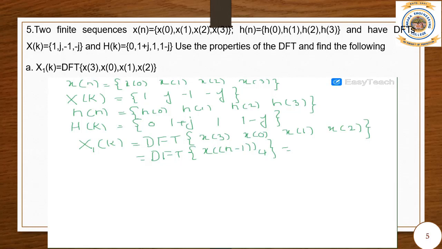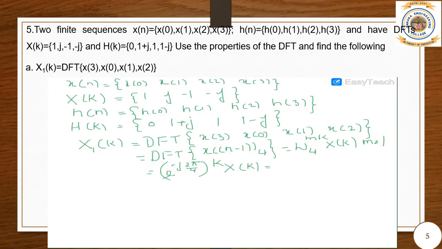By circular time shift property, this is equal to W4 to the power mk x of k, where m value is equal to 1. So I can write this as e to the power minus j 2 pi by 4, as m is 1, k x of k.